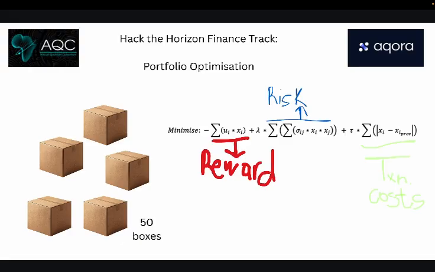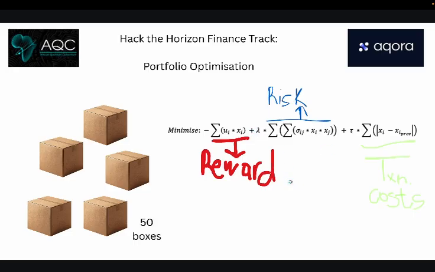The lower your lambda term is, the more risk seeking you are. The higher it is, the more risk averse someone is. And then the last term corresponds to your transaction costs, or the movement of those boxes. Here we have tau, which is also a parameter that tells us how much you hate paying for these costs. So this is our QUBO equation.